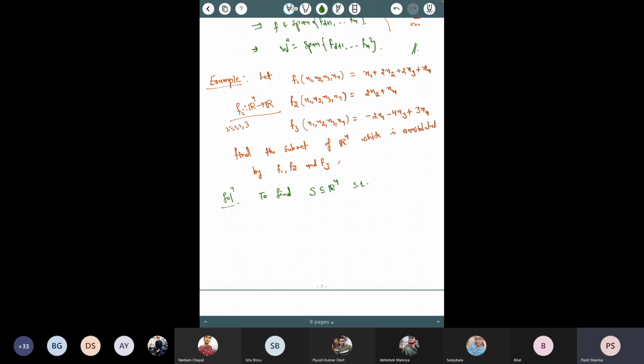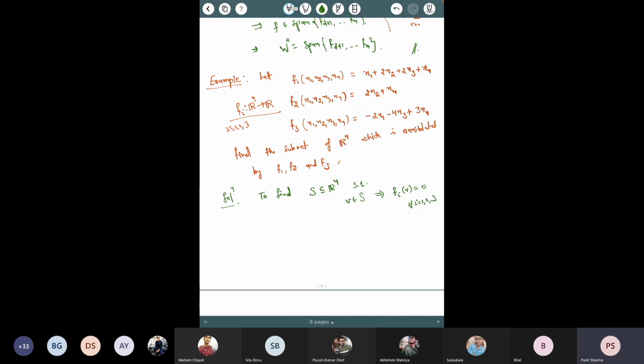What does it mean? It means that if I take any vector v in S, then F_i of v is 0 for all i equal to 1, 2 and 3. So this is what I want to do.